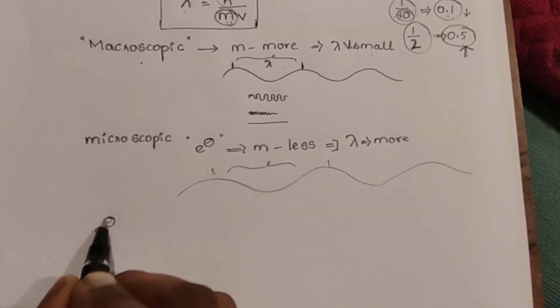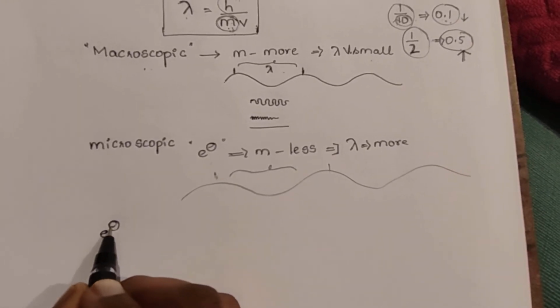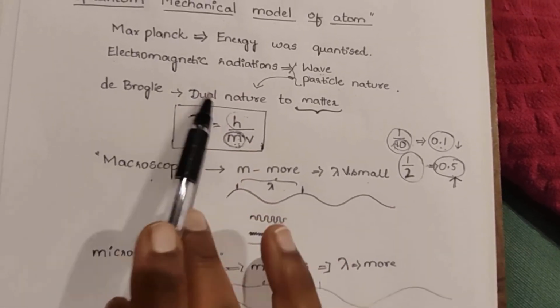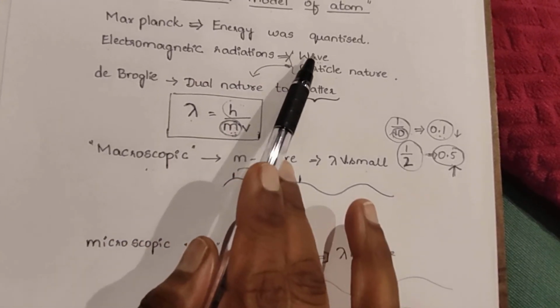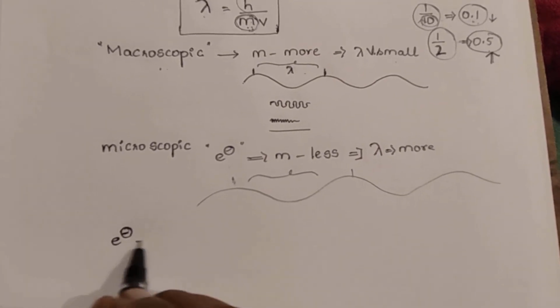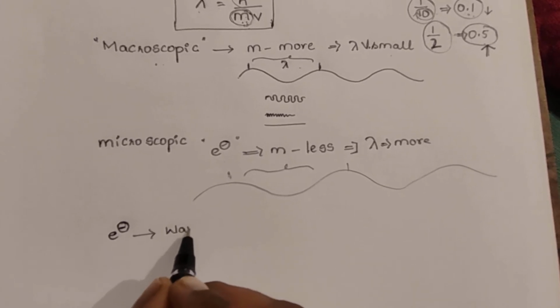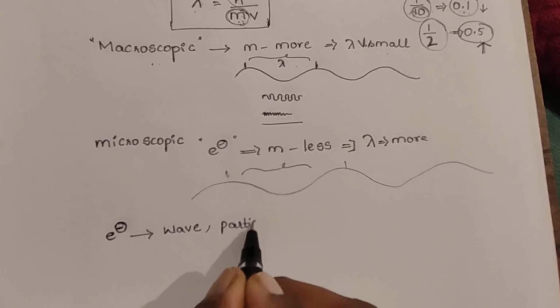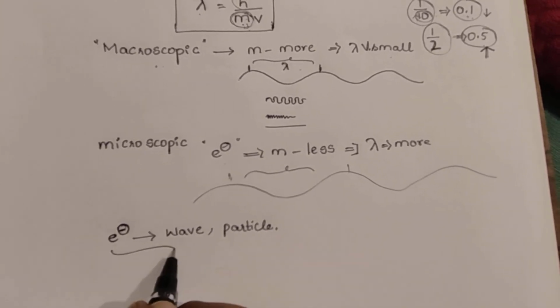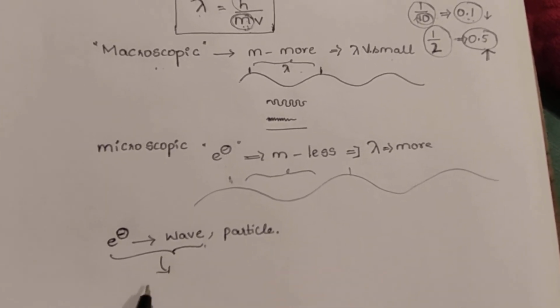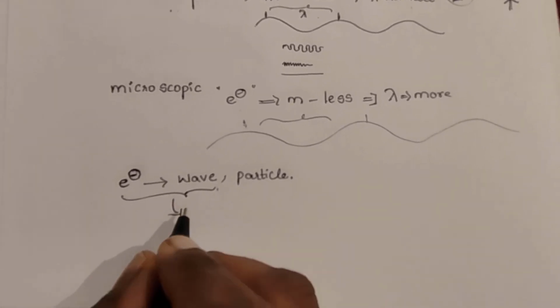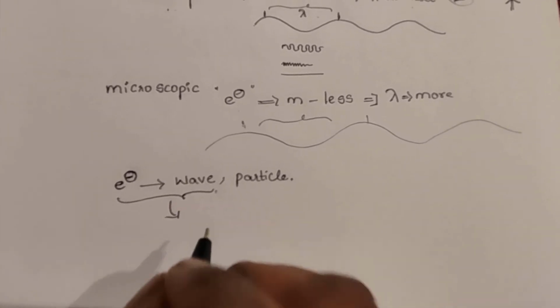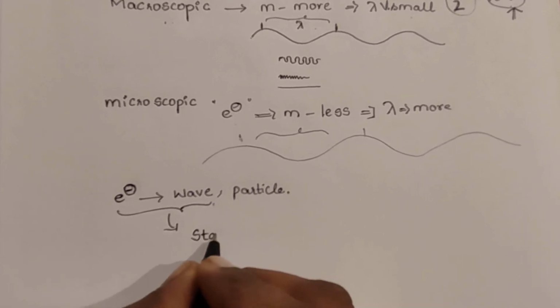So de Broglie said that as matter has dual nature, that is wave nature and particle nature, so the electron has wave nature and also particle nature. He said that electrons behave as a standing wave.